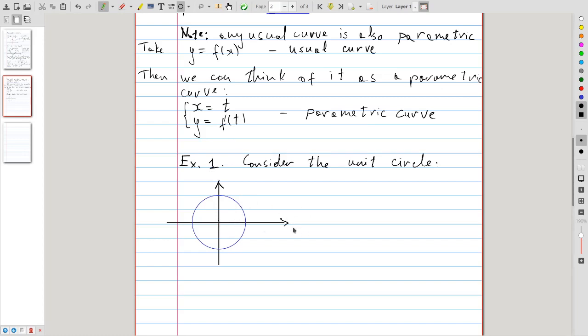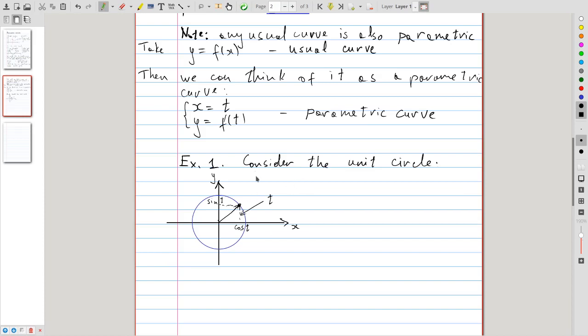So we have the 0 direction in the direction of the x-axis, and if we measure the angle t counterclockwise, like so, right, so this angle is t, then the projection of the point on the unit circle onto the x-axis has coordinate cosine t, and the projection of this point onto the y-axis has coordinate sine t.